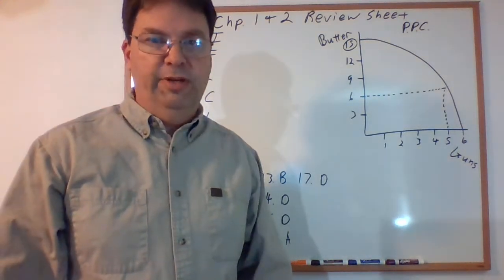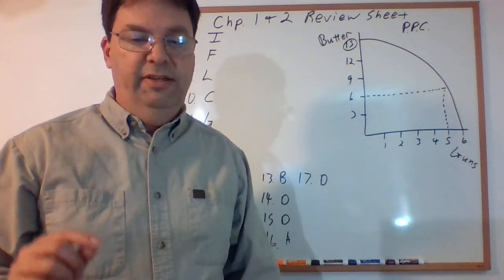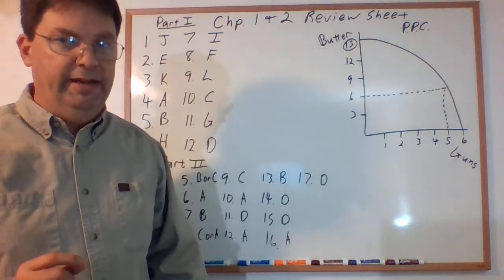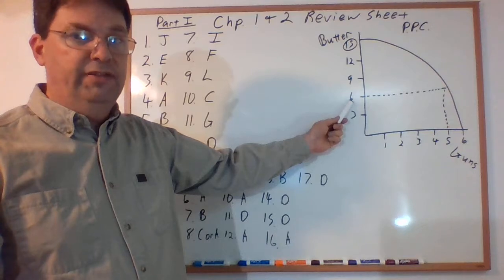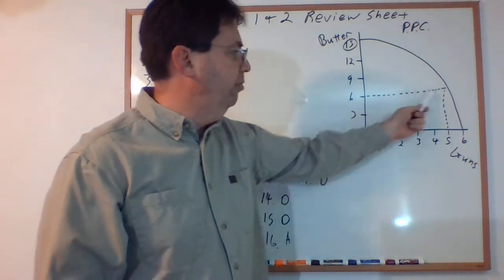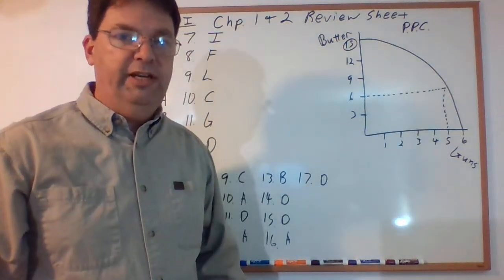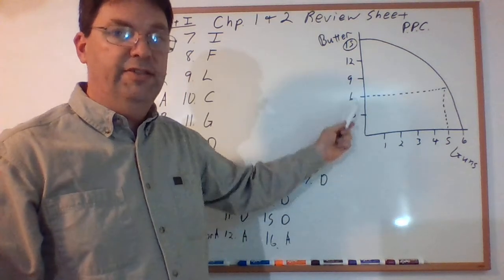Now it asks you the money question. What is the opportunity cost in guns if we produce 6,000 tons of butter? All right. So if we produce 6,000 tons, we can get 6,000 tons of butter, we get 5,000 guns. What is our opportunity cost for the choice of making 6,000 tons of butter?